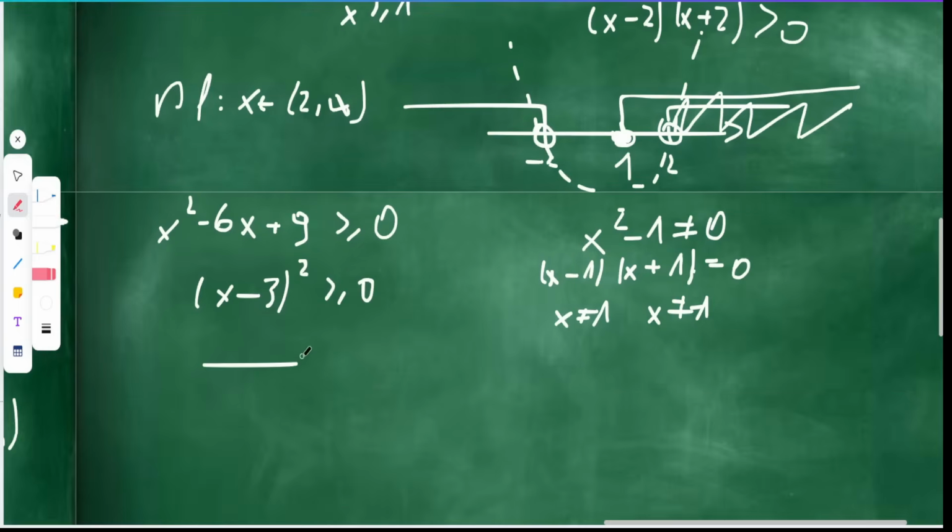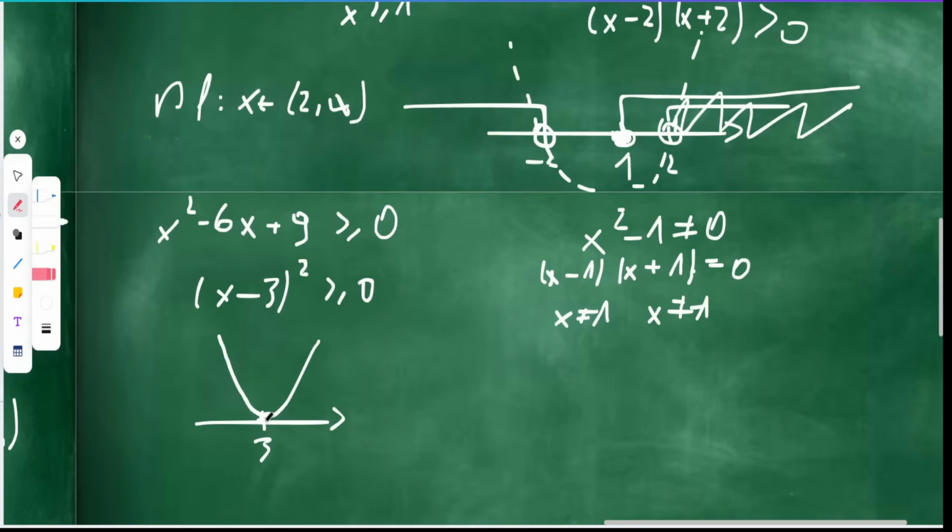To visualize it on the axis, we mark this 3. The quadratic function which lies here looks like this. The vertex is at 3. And we are looking for all numbers which are greater than or equal to 0. So in fact here, all x's belong to this quadratic function. Why? Because this quadratic function, which has 0 placed precisely in 3, has arms above the x-axis.